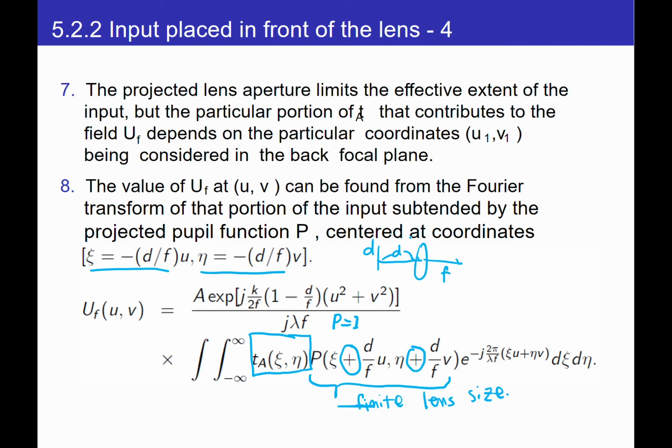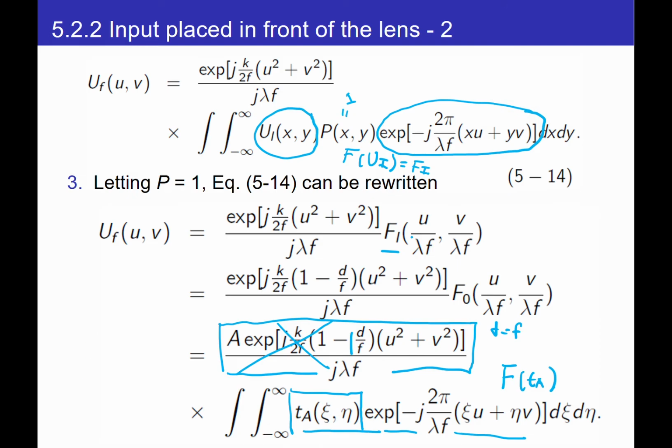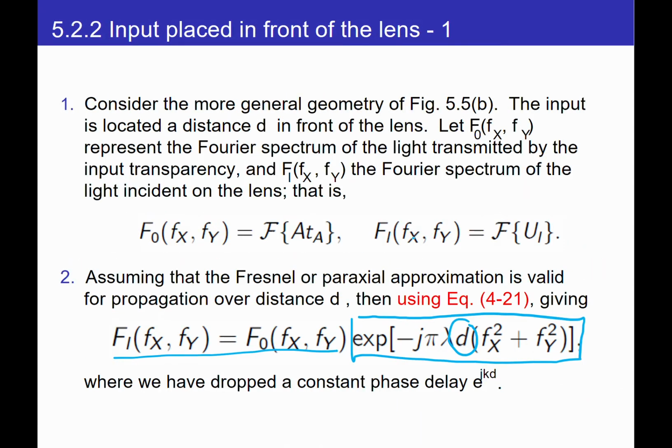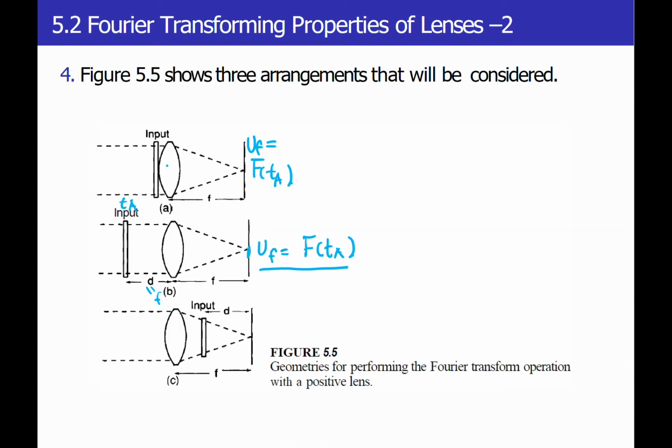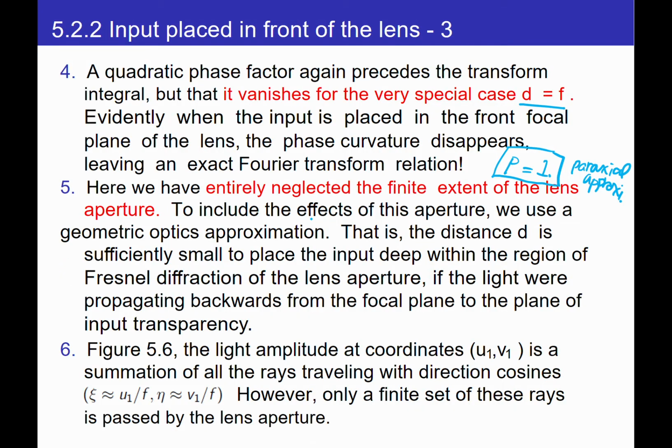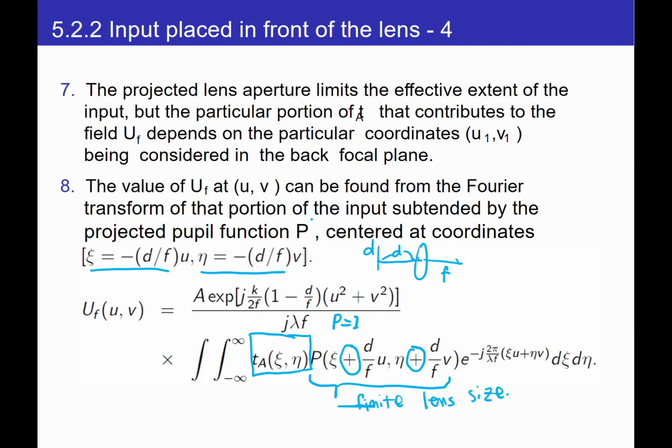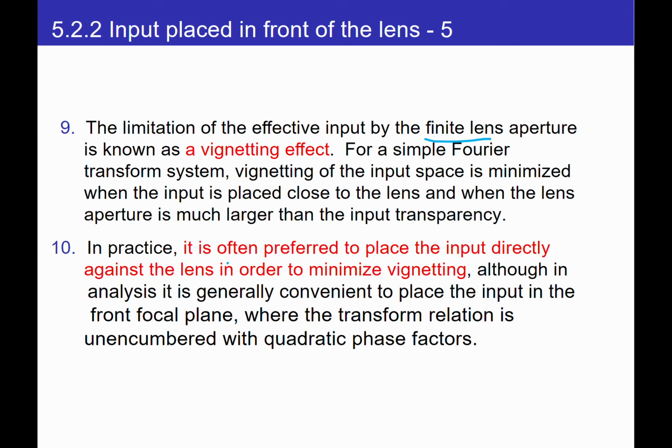So that means in the previous case, vignetting can be minimized, in this case, where the input is just placed against the lens. In practice, it is often preferred to place the input directly against the lens in order to minimize the vignetting, just like we have seen before, right?